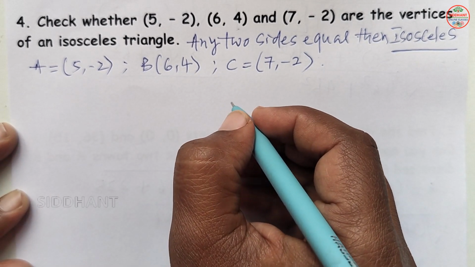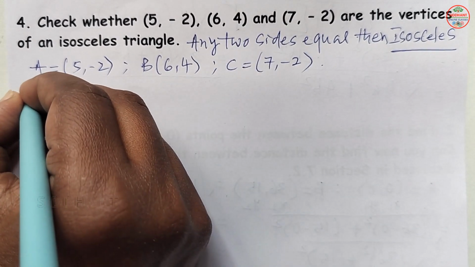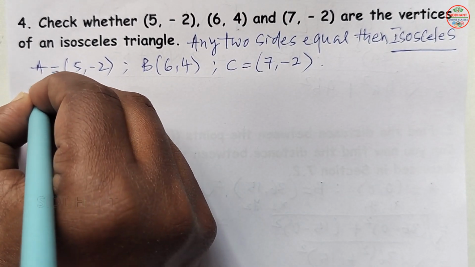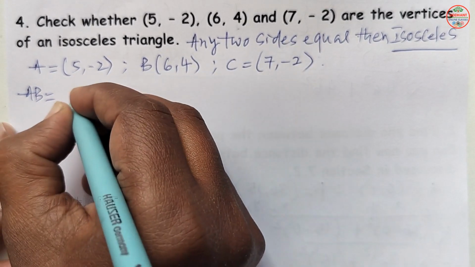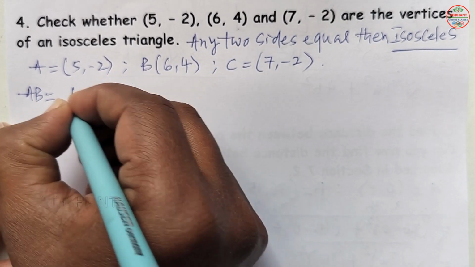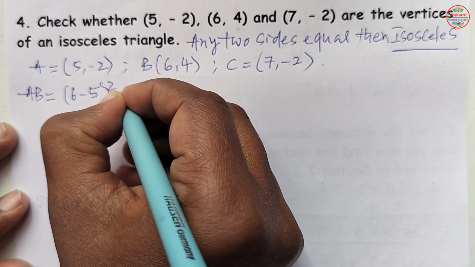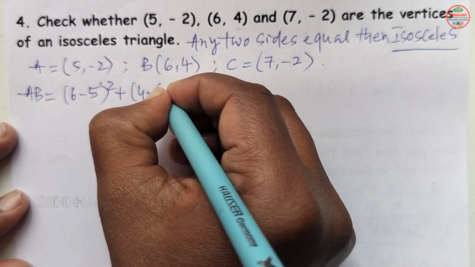So now we will see the distance between 2 points. So first we are going to see AB. AB, when you are going to see, 5 comma minus 2, 6 comma 4. We know x2 minus x1, which will be 6 minus 5. Next y2 minus y1, 4 minus of minus 2.